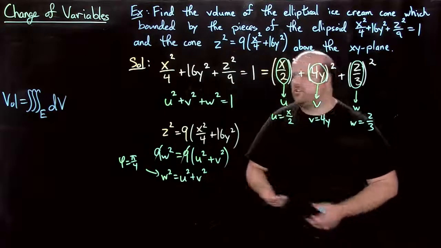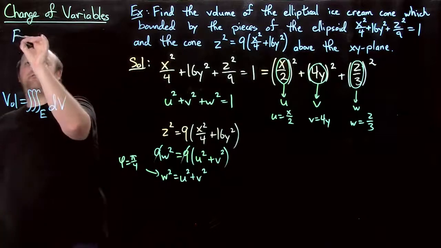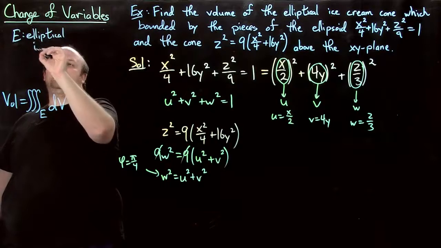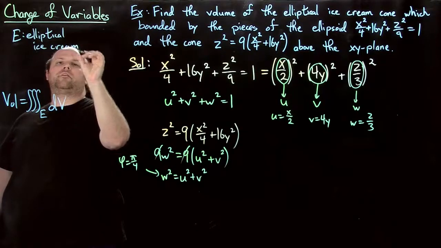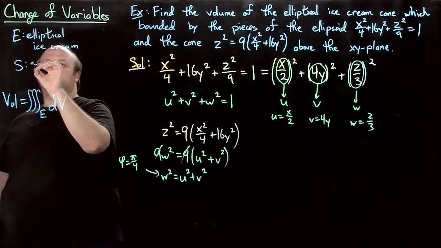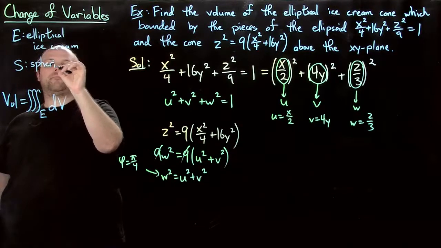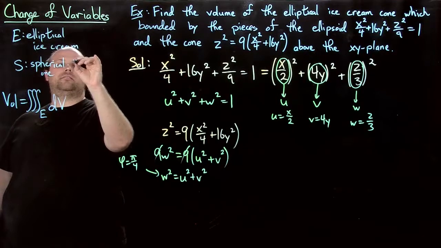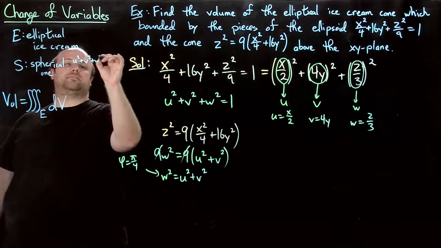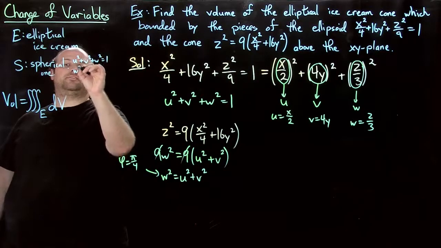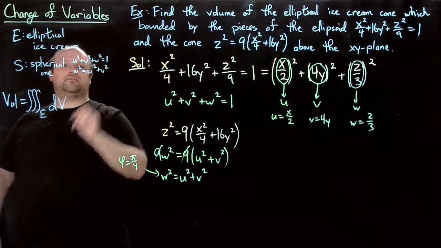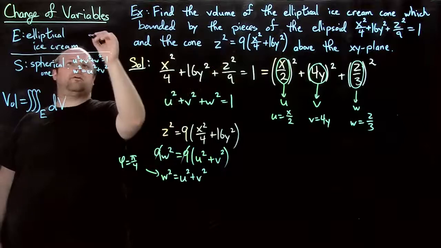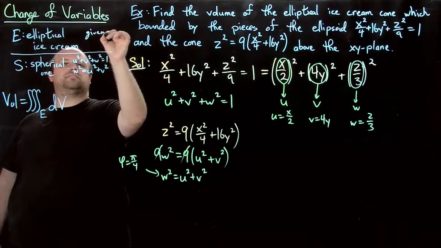Let's say E here is the elliptical ice cream, and let's say S is the spherical one. So this is the one with u squared plus v squared plus w squared is 1, and w squared is u squared plus v squared. And then this is the guy given in the problem, so we'll just say given.